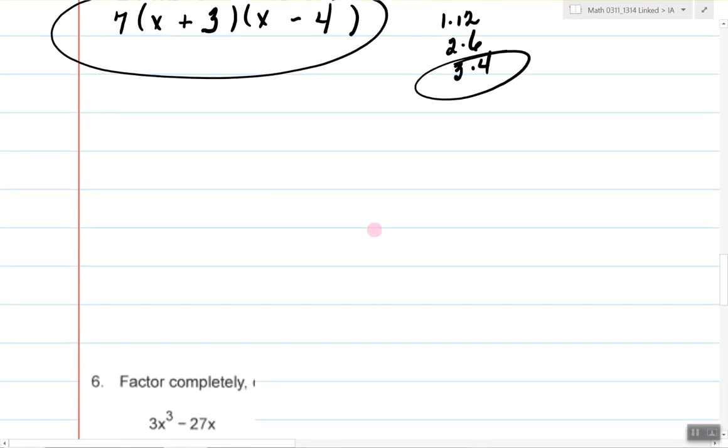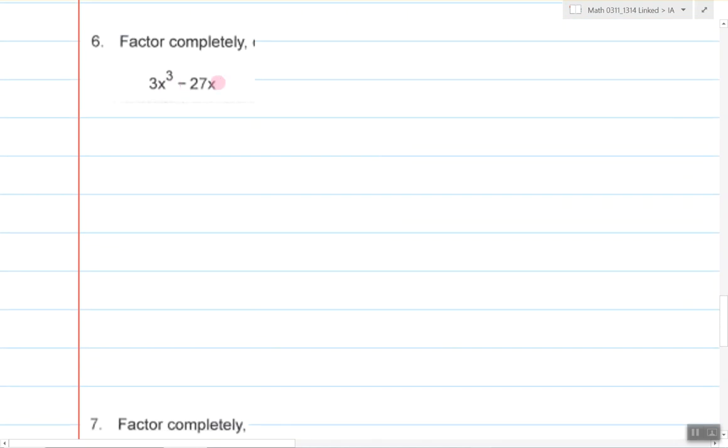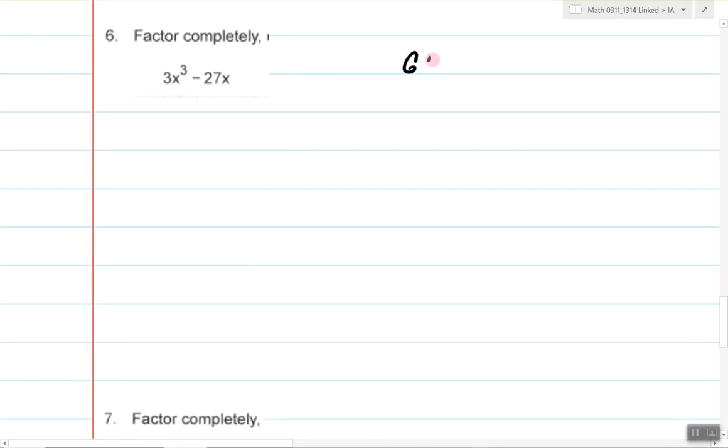All right, let's look at number 6. Factor this completely. Well, I see a GCF. I see 3x as a common factor of those. So I'll divide by 3x, divide by 3x. That will give me x squared, using the quotient rule with those exponents, minus a 9.